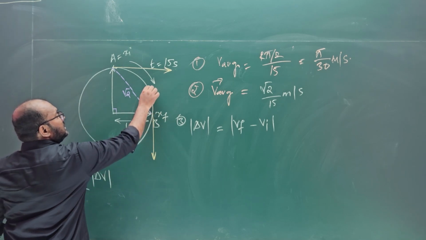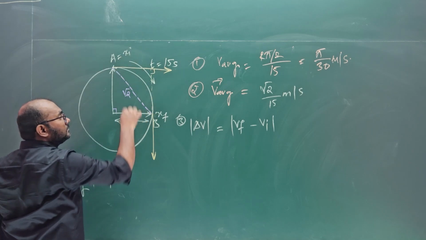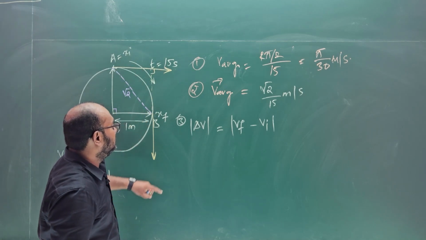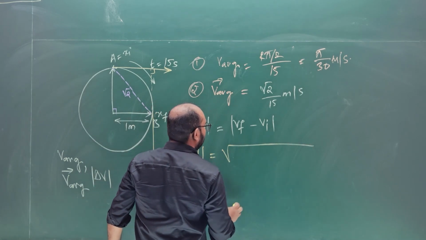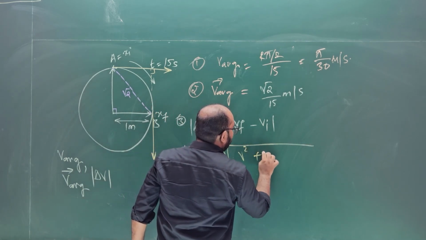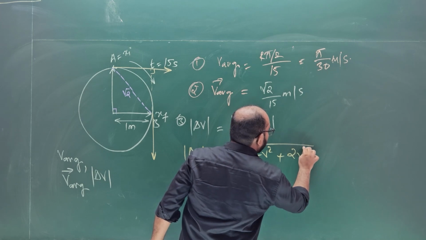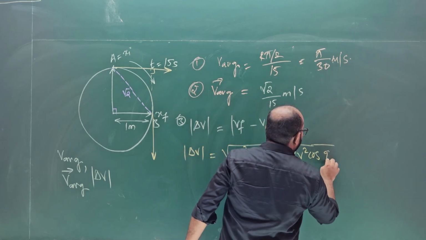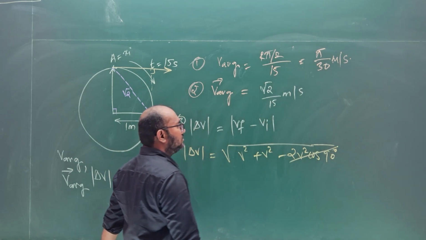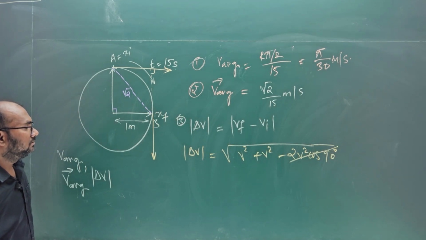That means the angle is still 90 degrees. Then delta V is nothing but the root of V square plus V square minus 2V square cos 90 degrees. Cos 90 is 0, so the whole term gets cancelled out.